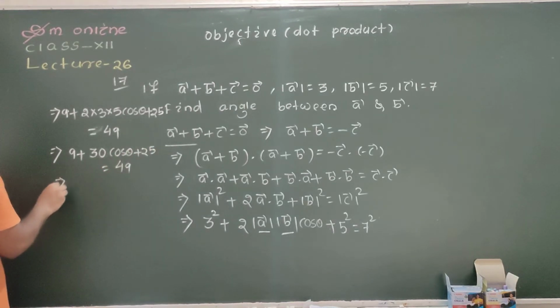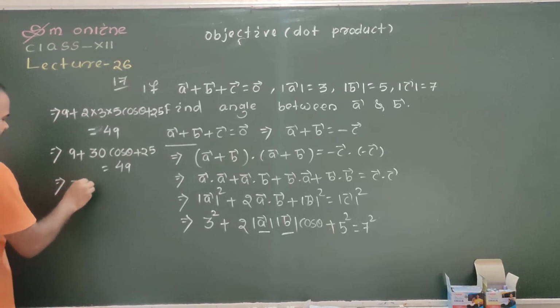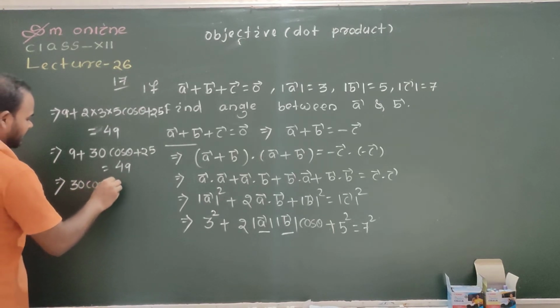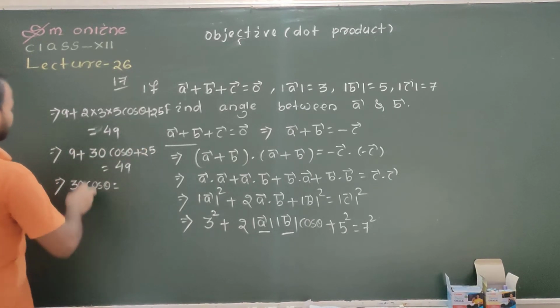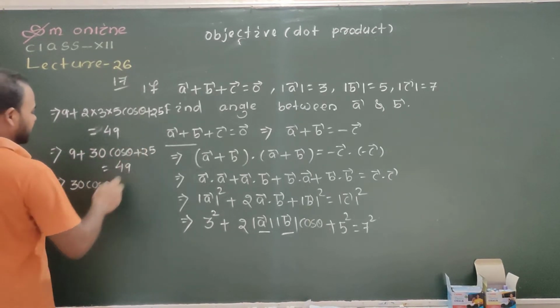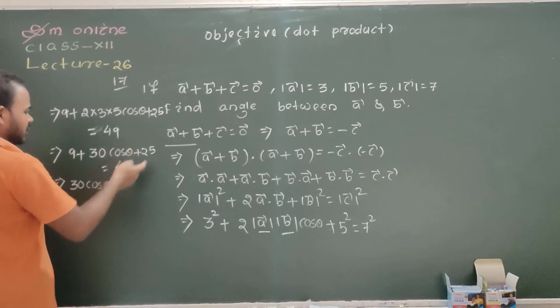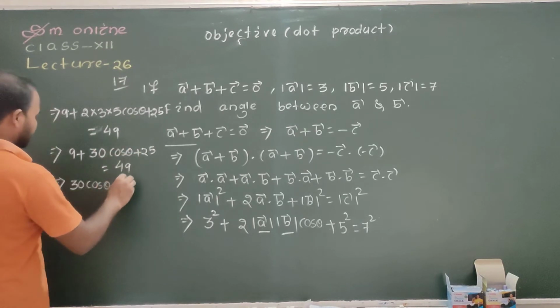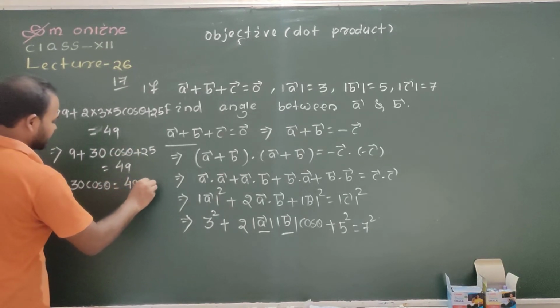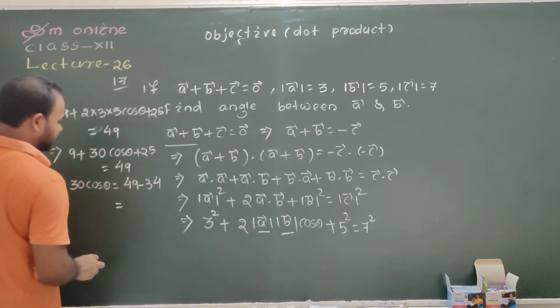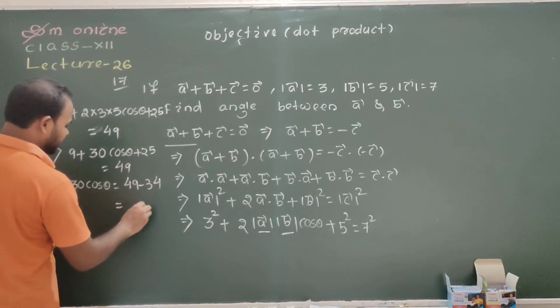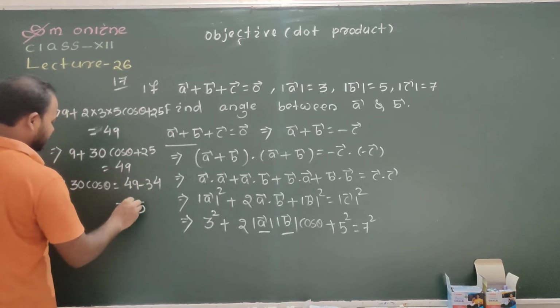Now 30 cos theta equal to 49 minus 9 minus 25, that is 49 minus 34, which is 15.